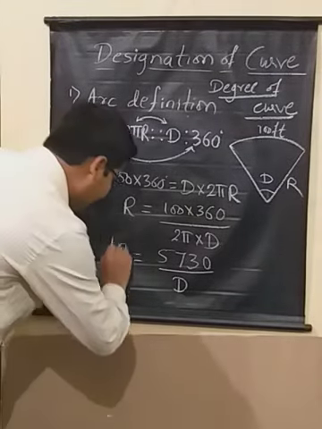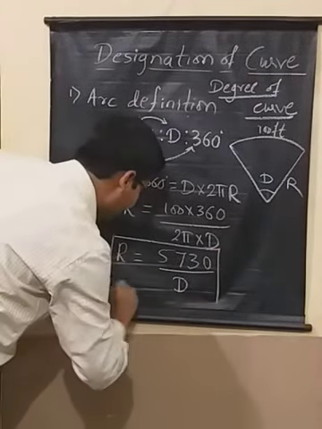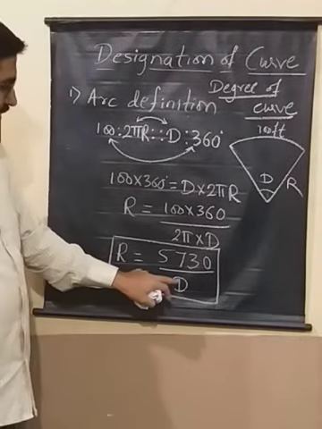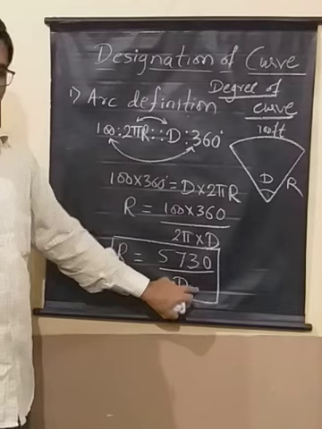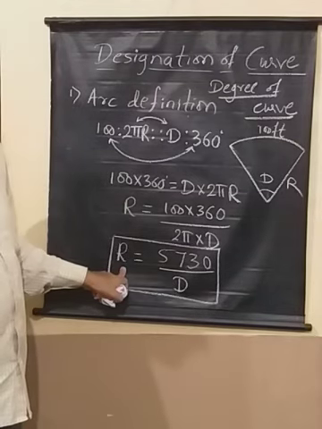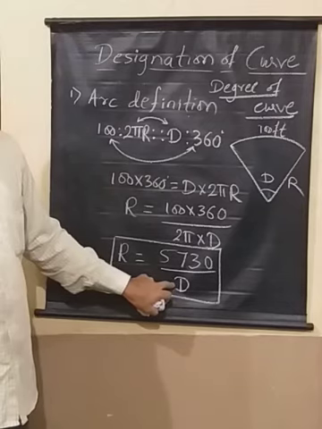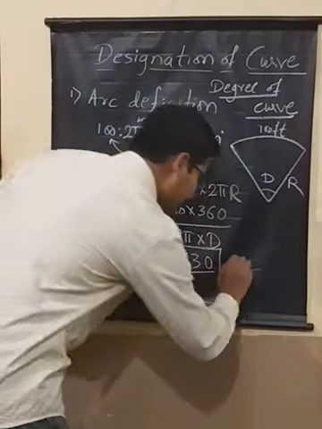So this is the relation between radius and degree of the curve. If I know the degree of the curve, I can easily get the radius, and if I know the radius, I can easily find the degree. So you can even reverse these terms.